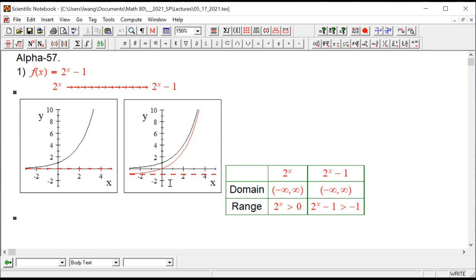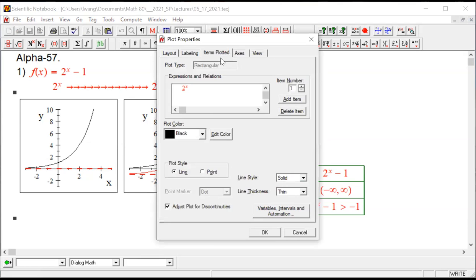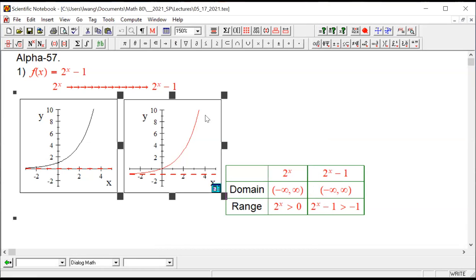And we're studying 2 to the power x minus 1, so this is the curve we're studying. Okay, so if I remove the 2 to the power x, this is 2 to the power x, and this is 2 to the power x minus 1.